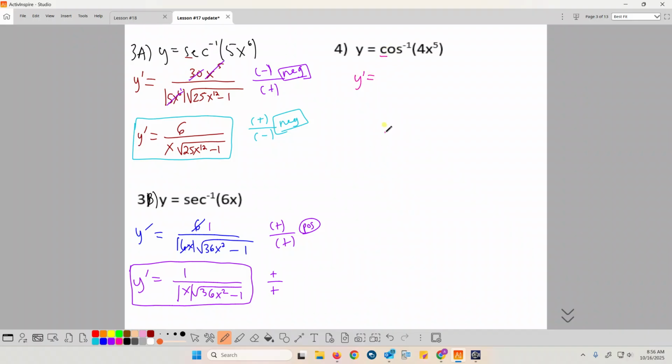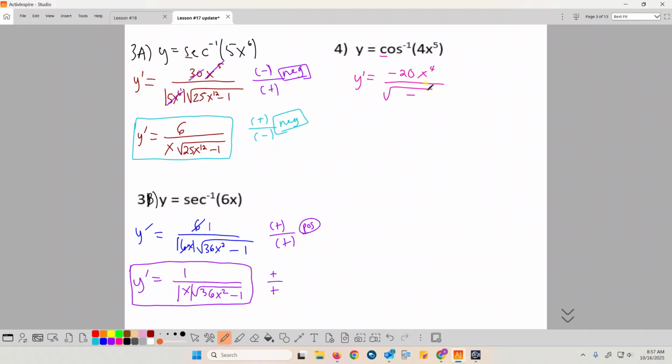Ooh, it's one of the 3 C's, which means it's going to be negative, right? So negative u prime, and then we have basically negative 20x to the power of 4 over, and now we're using the cofunction of the sine, which is square root.